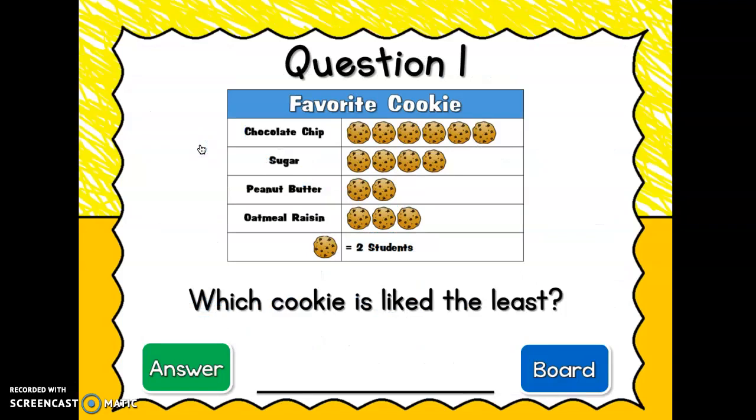So question number 1. Which cookie is liked the least? So the graph says favorite cookie: chocolate chip, sugar, peanut butter, oatmeal raisin. And then, oh, I see a key. The key says the chocolate chip cookie equals 2 students. So you have to use your skip count by 2 skills to figure out which cookie is liked the least.